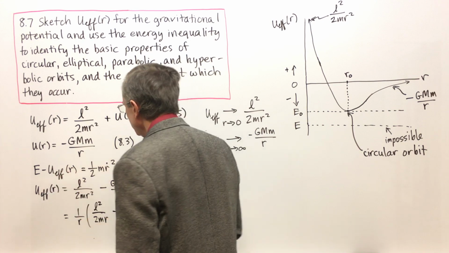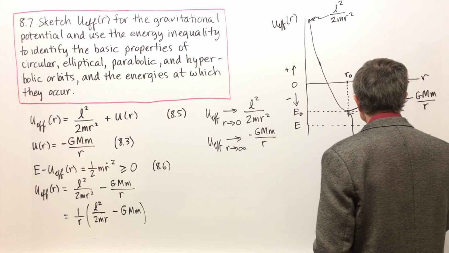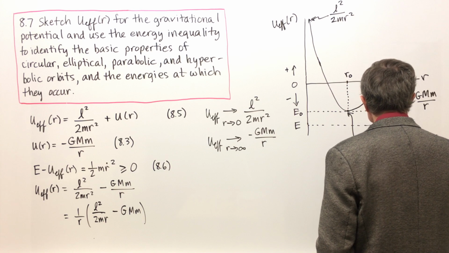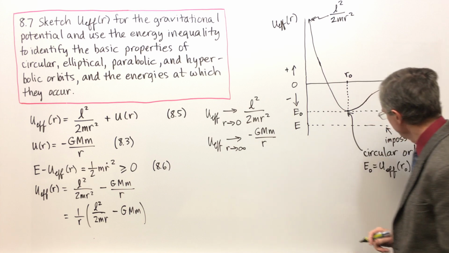So E equals U effective of R naught. So E naught is U effective of R naught.